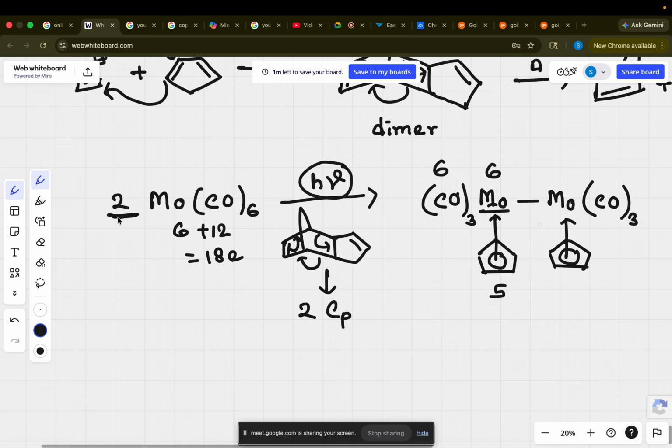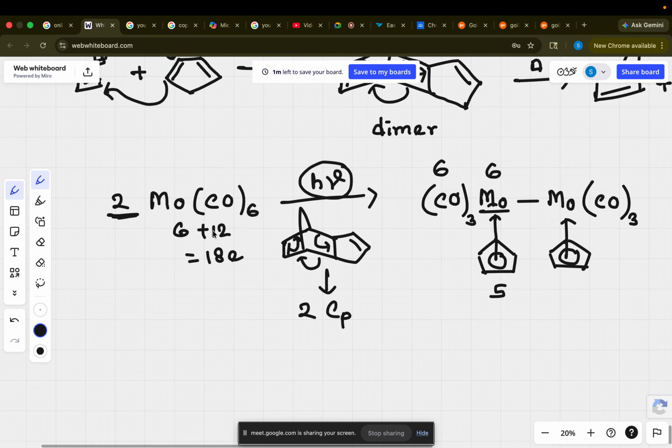You are using 2 equivalents of this, so that means 2 moles. That does not mean that you have more; if you take 1 molybdenum carbonyl hexa, you have 18 electrons, na? Sir, is one bridging carbonyl present between two molybdenum centers? No, not bridging.